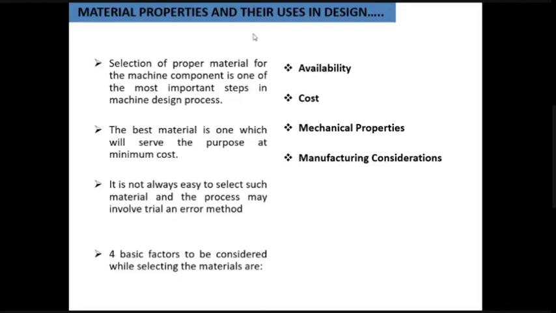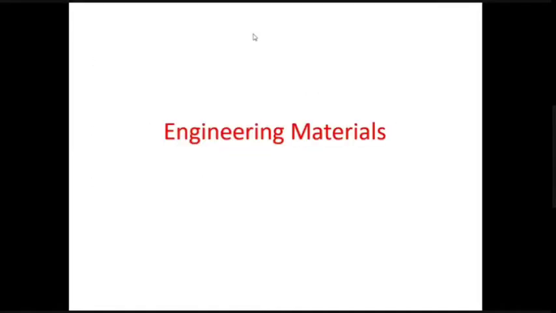Now, before I go for this, I have just a small question for you. If I want useful information concerning the behavior of a material and its usefulness for engineering applications, how can I obtain it? Are you understanding my question?